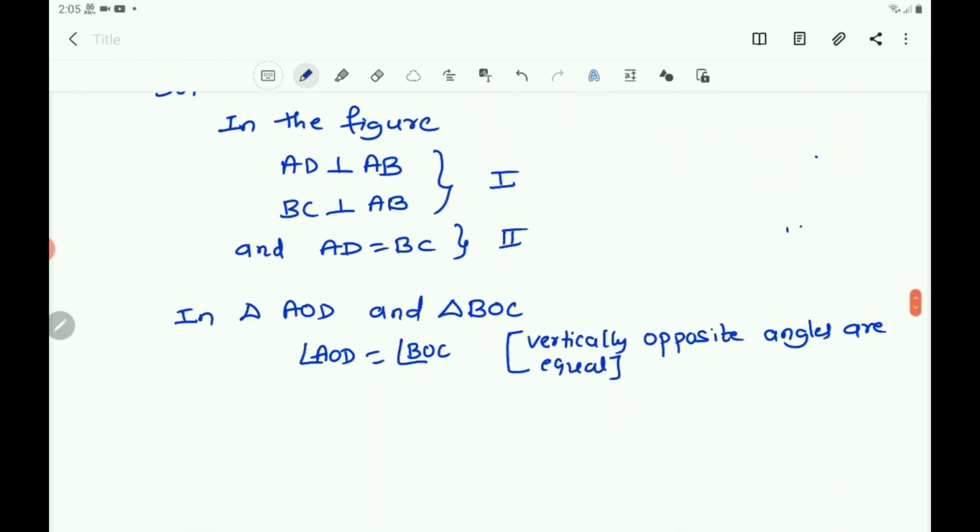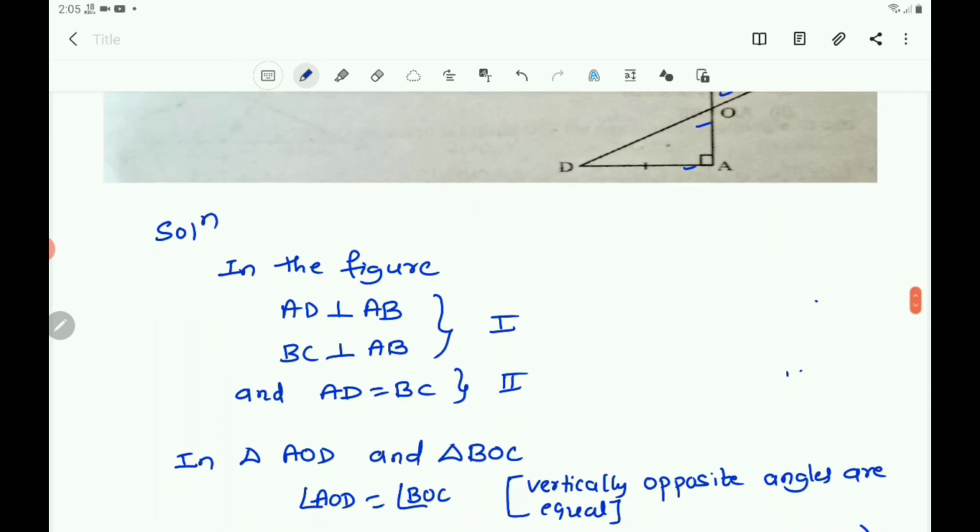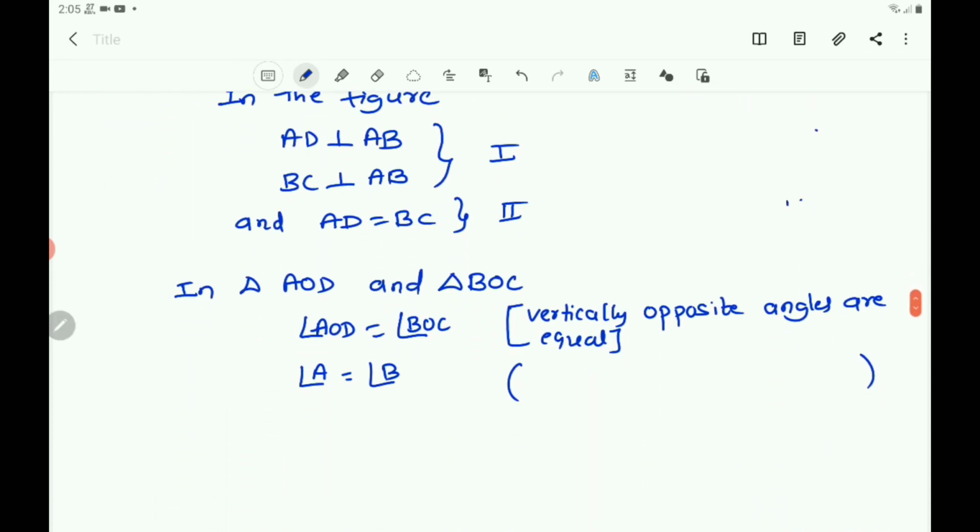That is from the first, because AD is perpendicular to AB and also BC is perpendicular to AB. Therefore, angle A and angle B are right angles. Give the reason from the first.